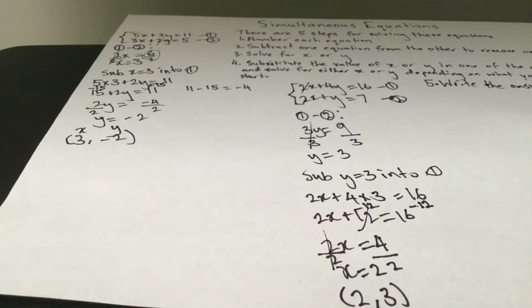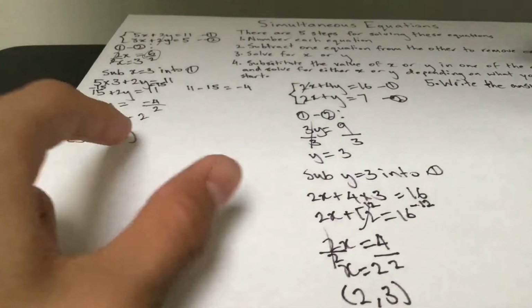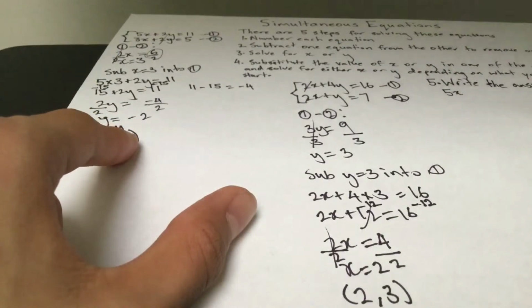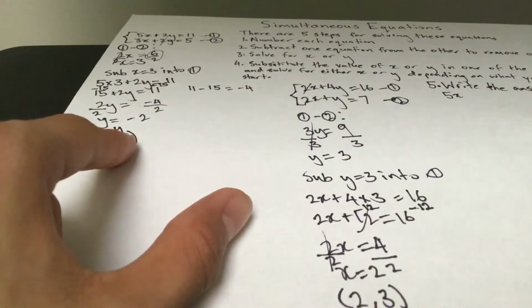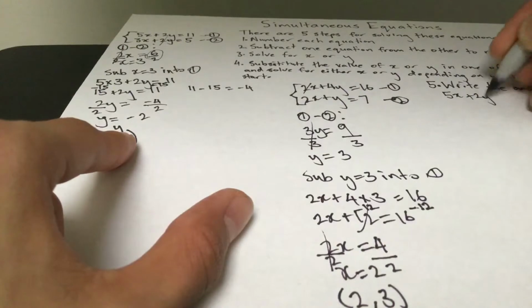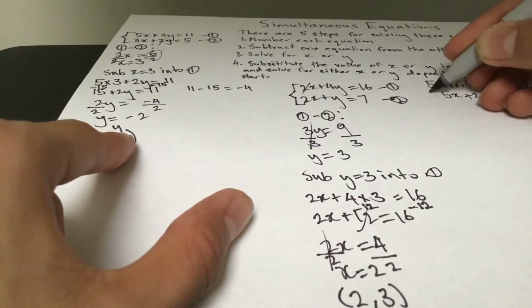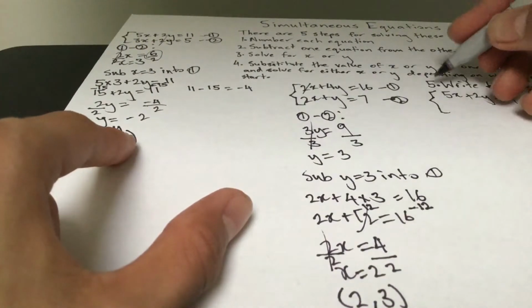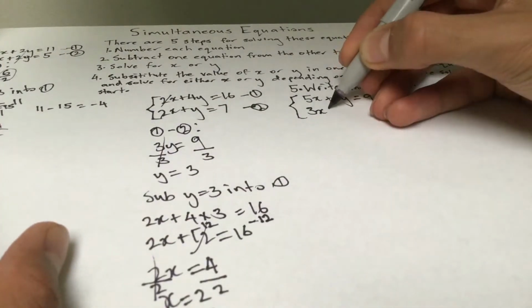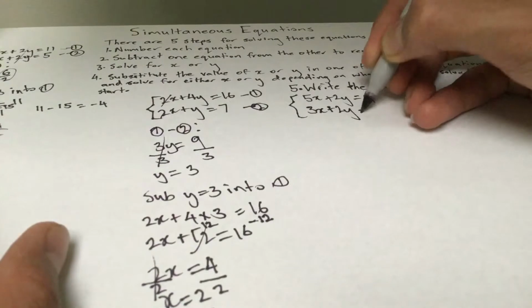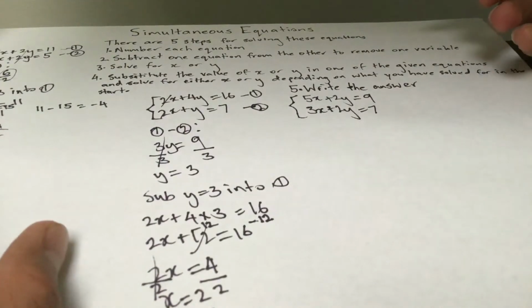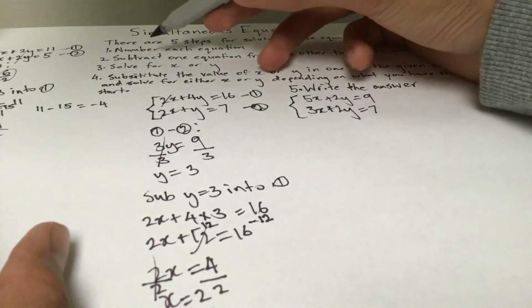Now let's do 5x plus 2y equals 9, and 3x plus 2y equals 7. So now our first step is to number each equation.